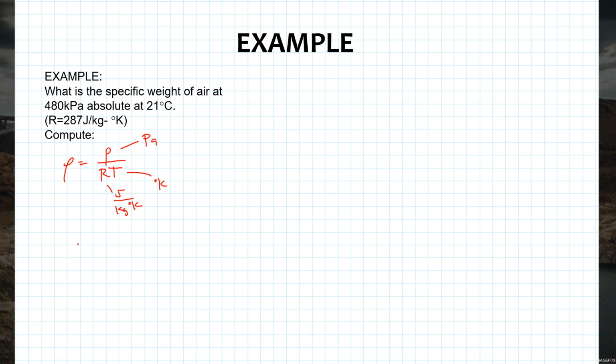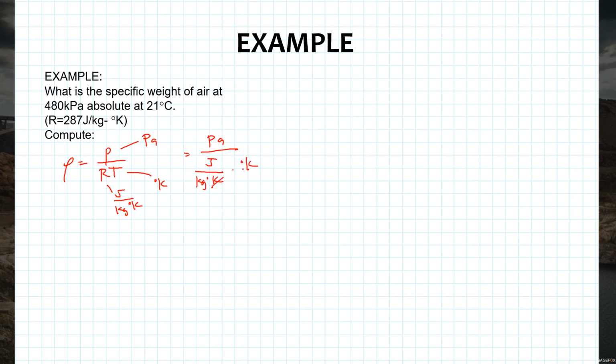So our units for this problem should be consistent so that the required mass density has a unit of kilogram per cubic meter. So let's review that, because what will be the equivalent of Pascal? What will be the equivalent of joules, kilogram, degree Kelvin, and degree Kelvin?